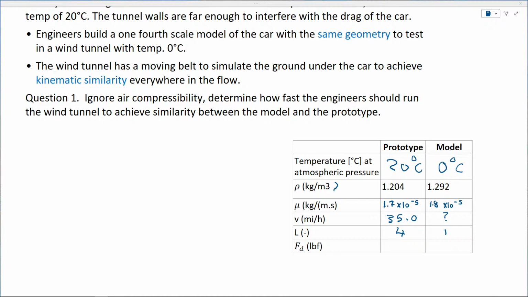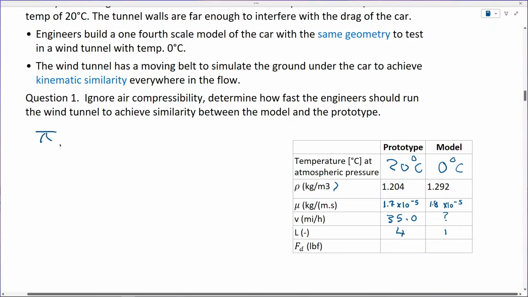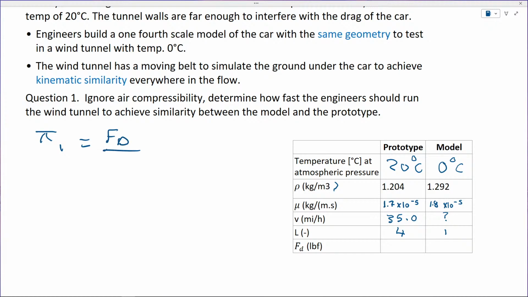Last time we had our pi 1 equal to F d over rho v square d square, and then we have our pi 2, which is rho v d over mu. So let's see which one we can use here. Obviously we use pi 2 here.